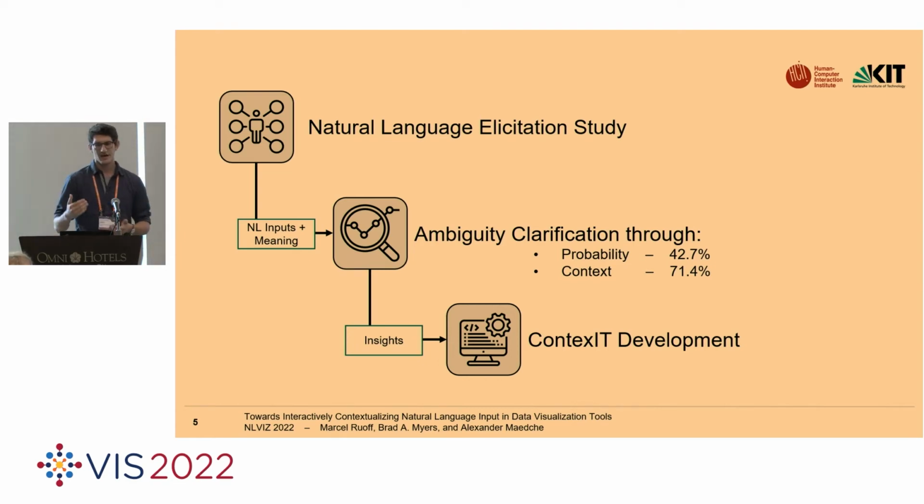We then looked into how we could clarify these ambiguities, and first started with utilizing the probability, which only led to the ability to clarify 42.7% of them. Then we thought about utilizing the context of the visualization, such as the data types, the current encodings, and the selections, which enabled us to clarify 71%. We then utilized these insights from our formative study to develop our context system, which I will show in the end.